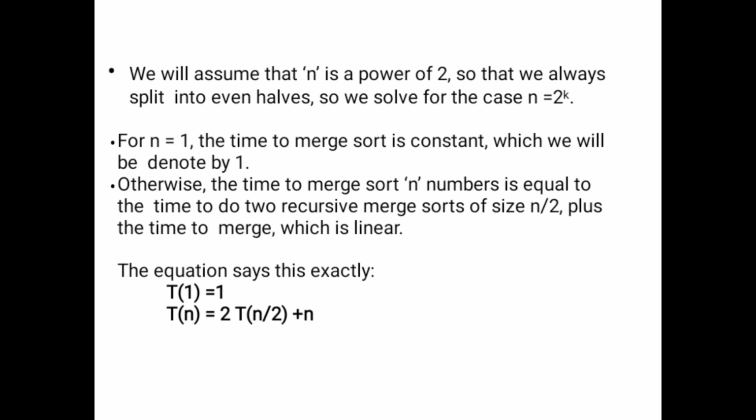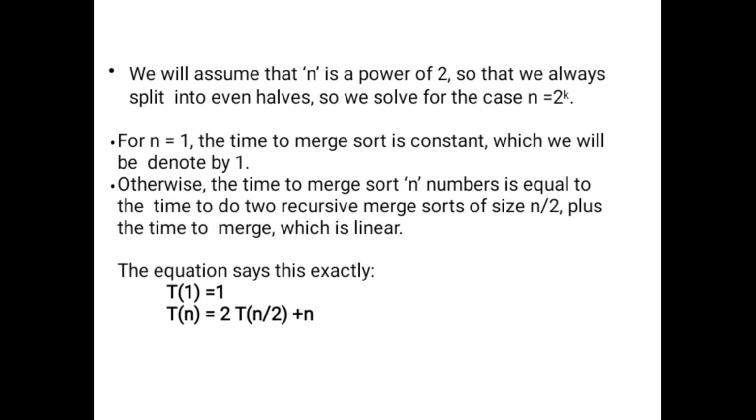For n is equal to 1, the time to merge sort is constant, which will be denoted by 1. Otherwise, the time to merge sort n numbers is equal to the time to do 2 recursive merge sorts of size n by 2 plus the time to merge, which is linear.